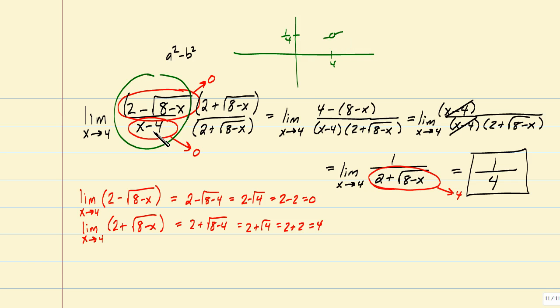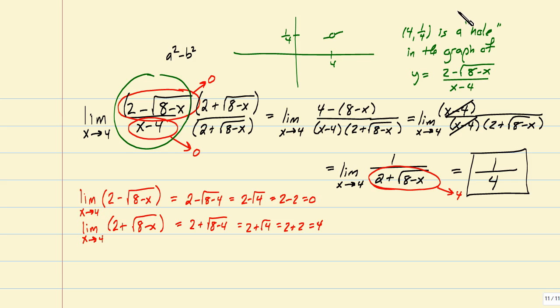But at 4 itself, because we had a 0 in our denominator here, this is undefined. Okay, so graphically we have a hole. Okay, at 4, 1/4. 4 again coming from here, 1/4 being the value of the limit. So that's the value, that's the graphical interpretation.